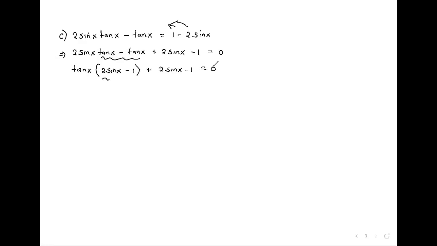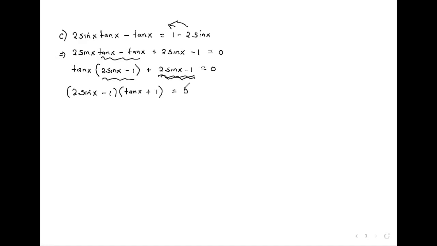If we factor out what is common, we have 2 sin x minus 1, and then we remain with tan x here, and we remain with 1 from here is equal to 0.